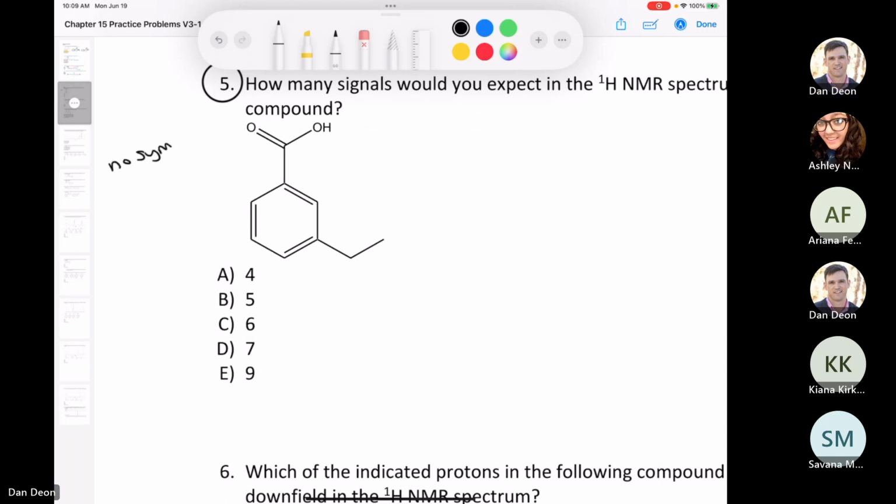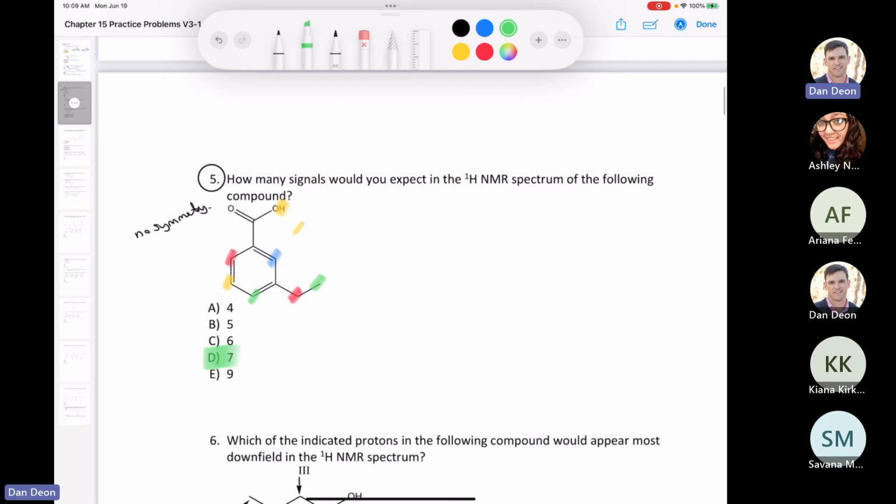No symmetry in this compound. And so every proton is going to be unique. This is a unique proton. This proton is unique. This proton is unique. This proton is unique. This one is unique. This methylene is unique. And this methyl is unique. So that gives you a total of 1, 2, 3, 4, 5, 6, 7. So we have a total of 7 signals for this compound.